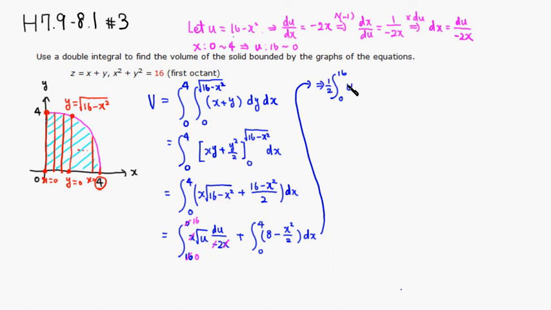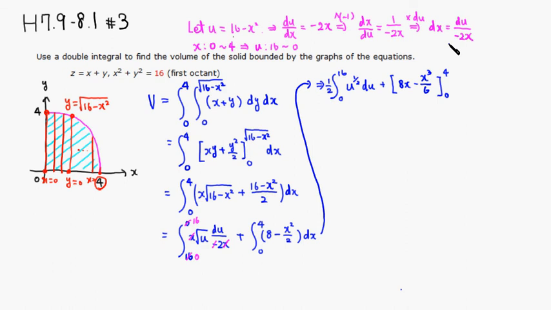I don't like the square root, so I'll rewrite it as the 1/2 power, with respect to u. And here the antiderivative is 8x minus x cubed over 6, going from 0 to 4.